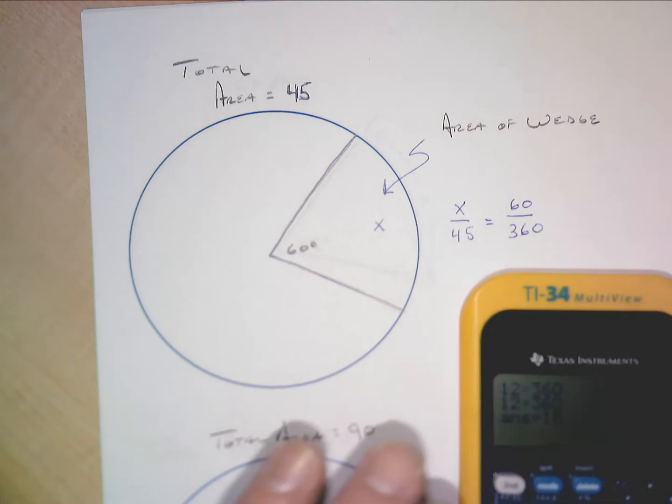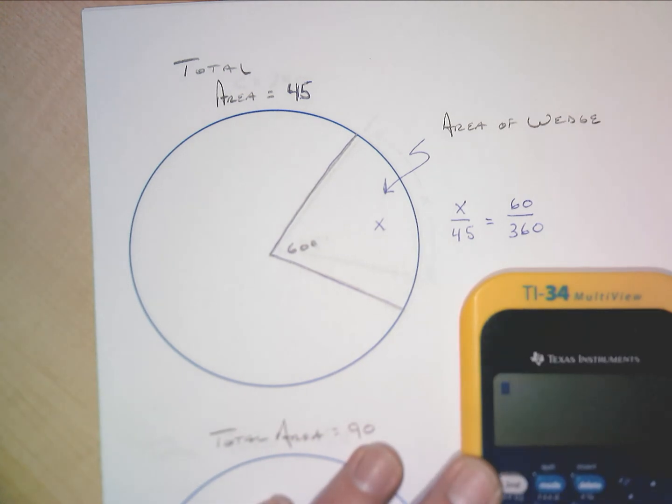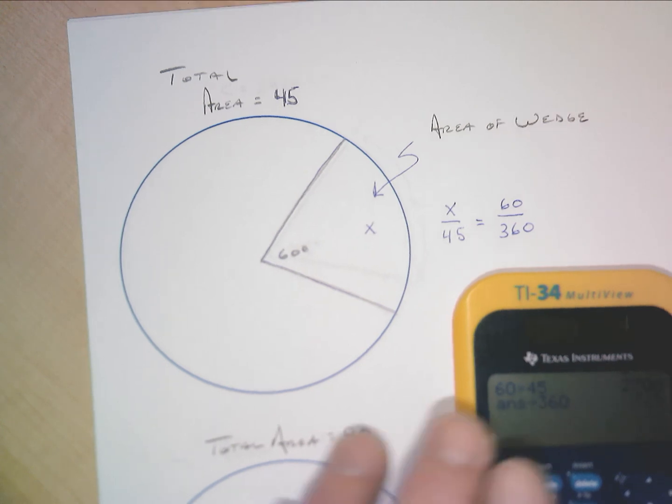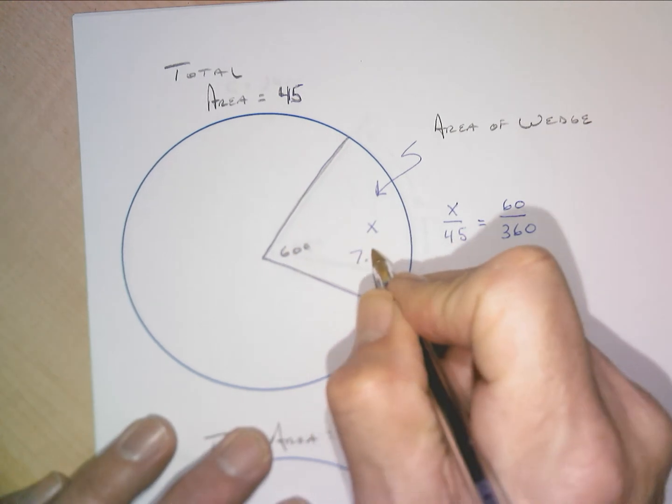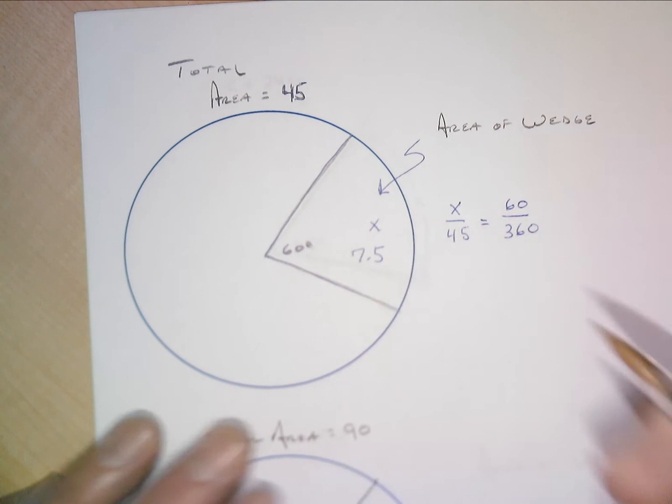I do my cross multiplying. 60 times 45, enter, divided by 360, gives me 7.5. So my area here is 7.5, whatever units I'm dealing with.